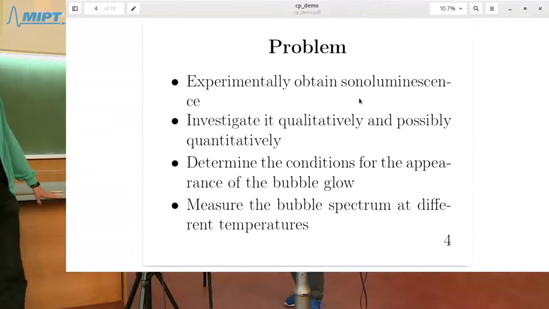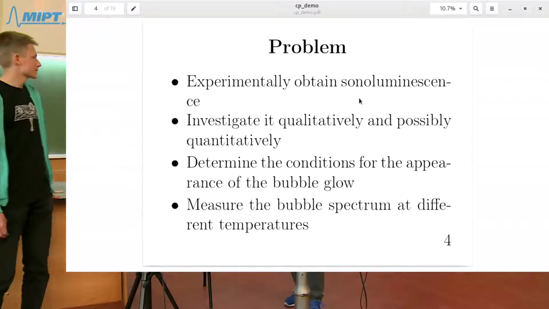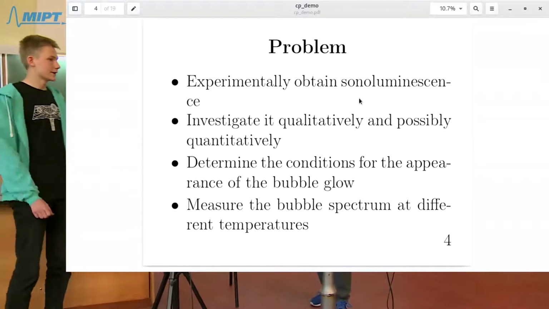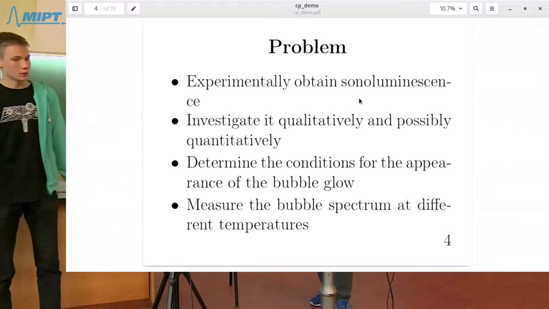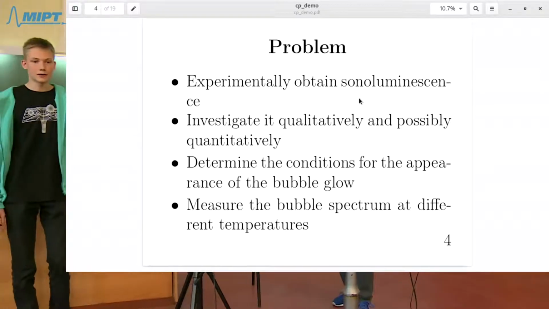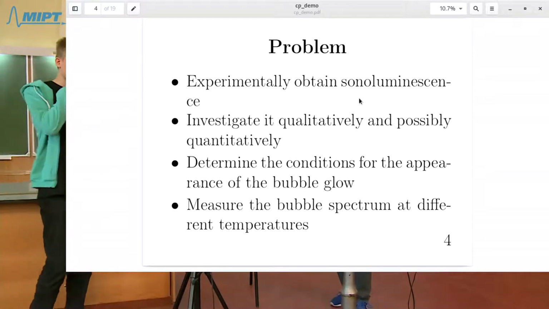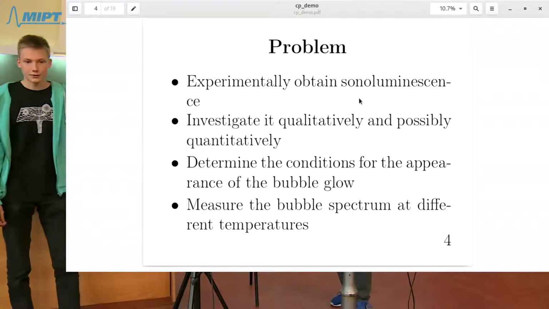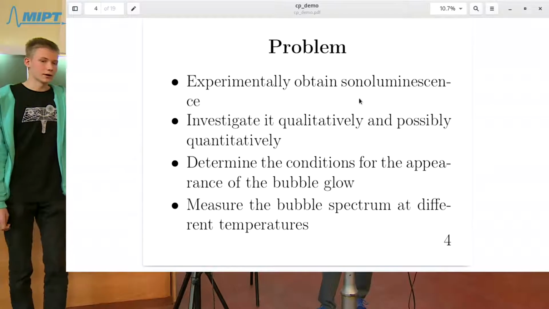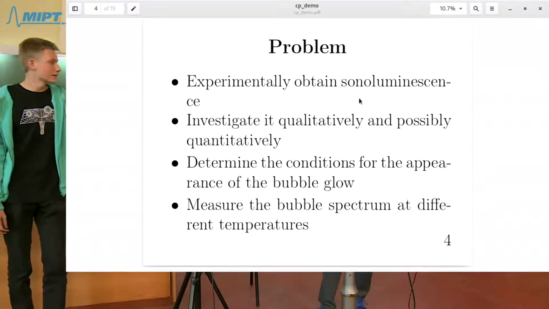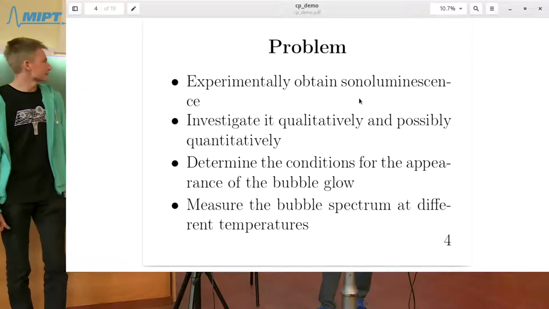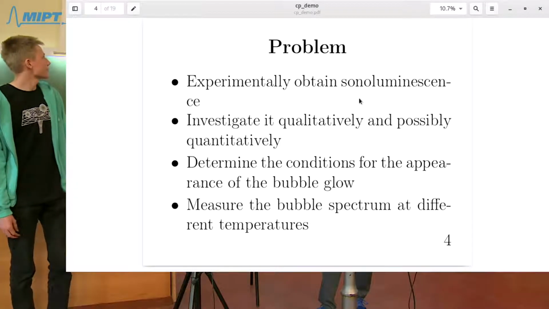Our aims were to obtain this phenomenon experimentally, investigate it qualitatively, and if it is possible, quantitatively, determine the conditions for the appearance of the bubble glow, and to measure the bubble spectrum, if it is possible, at different temperatures of the water.